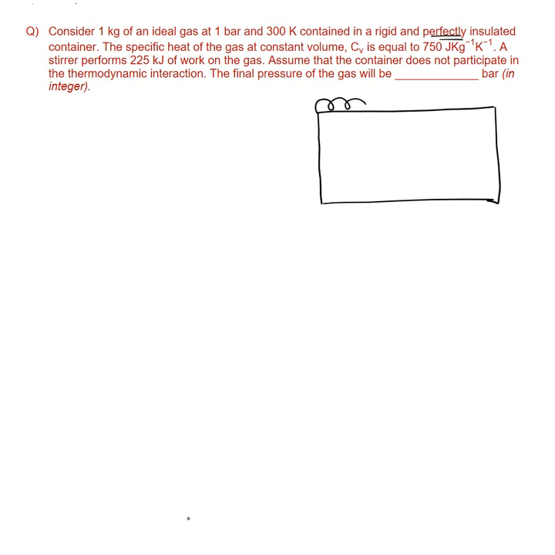So this is the insulation which is provided from all the sides to the container. Now this container consists of an ideal gas having mass m equal to 1 kg.